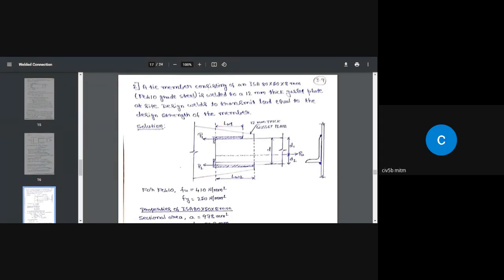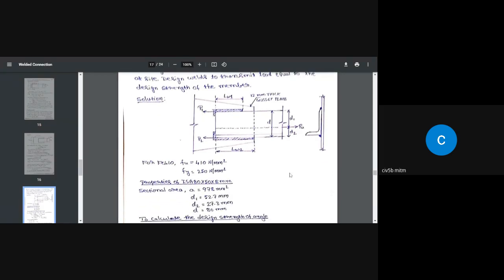We are going to solve this problem in two ways. In one case, we provide welds on two opposite sides or faces, and in the second case, we provide the weld on all three sides. If you look here, I applied PU exactly along the neutral plane of the angle. This is the neutral plane.